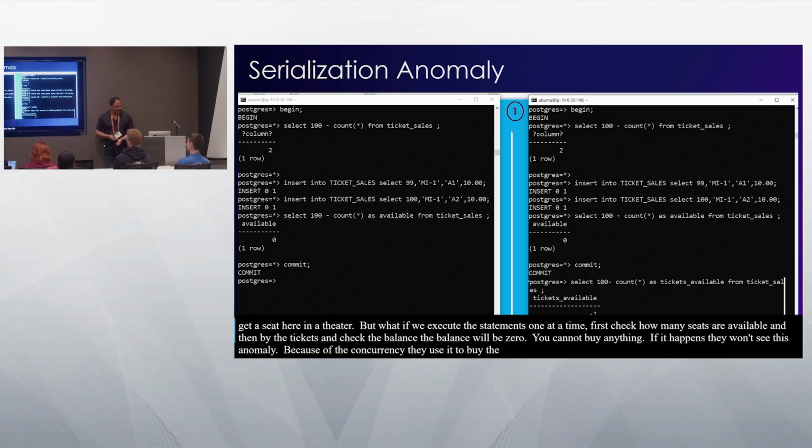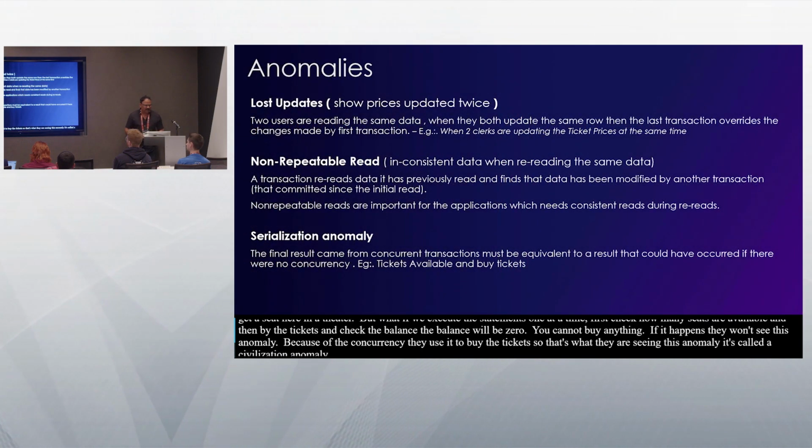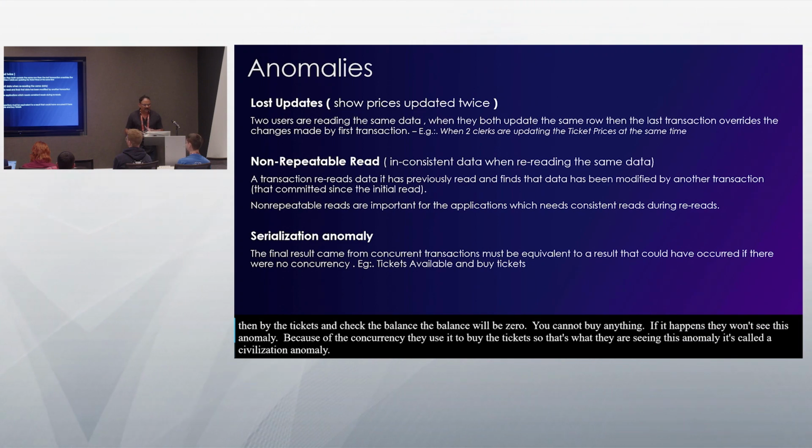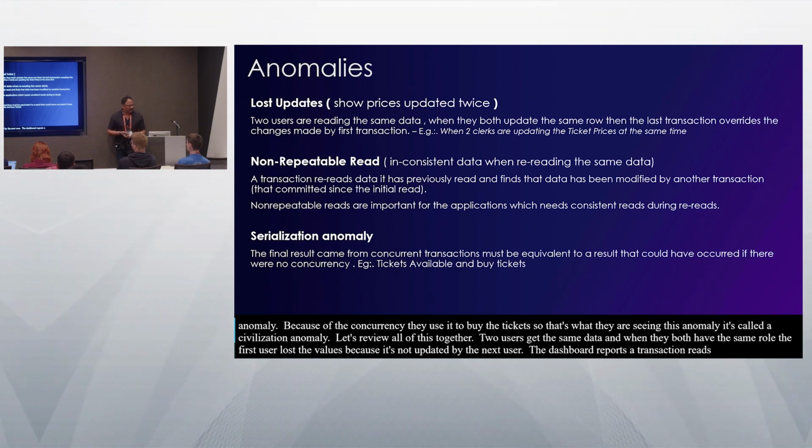So let's review all these things together. The lost update: two users read the same data, and when they both update the same row, the first user loses his values because they get overridden by the next user. The non-repeatable read: a transaction rereads the same data, but finds different values because another user updated it.